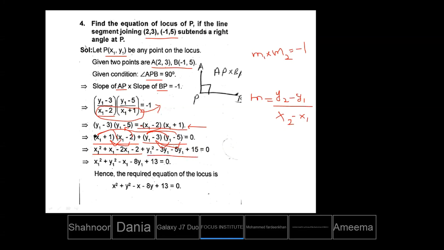Now simplify this and you will get x1 square plus y1 square minus x1 minus 8y1 plus 13 is equal to 0. Now you have to replace x1 with x. Then you will get the equation of locus as x square plus y square minus x minus 8y plus 13 is equal to 0. Got it?